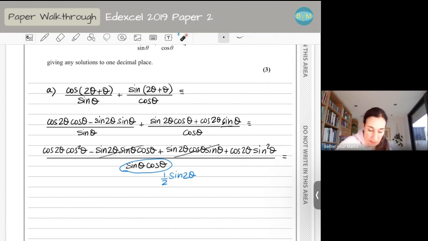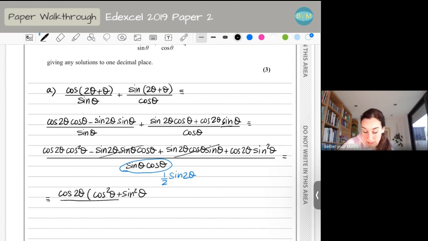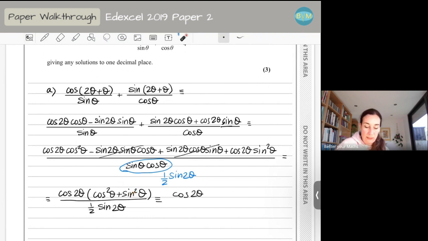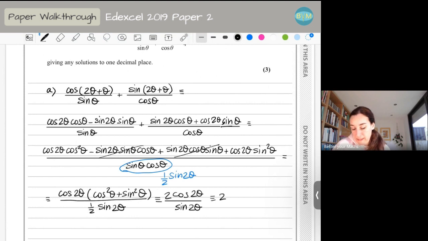So I have cos 2 theta together. So this is equal to cos 2 theta multiplied by cos squared plus sine squared, which I know is 1. So 1/2 sine 2 theta, and now we have it. We have cos 2 theta in the numerator, because this is 1 using the identity. The 2 can go to the numerator, and here I have sine 2 theta, and cos divided by sine is cot, so cot 2 theta.